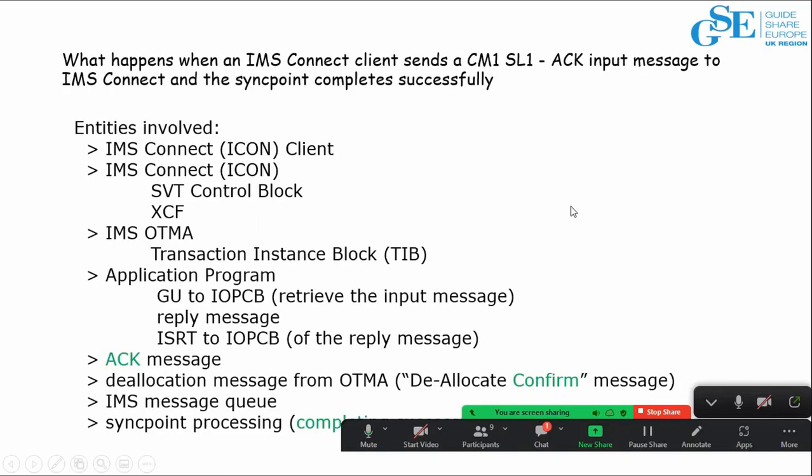So to start off, we'll start with the basic scenario of what happens when an IMS Connect client sends a CM1 SL1 input message to IMS Connect. So for the moment, let's leave the ACK and the NAK part aside and concentrate on the basic scenario.